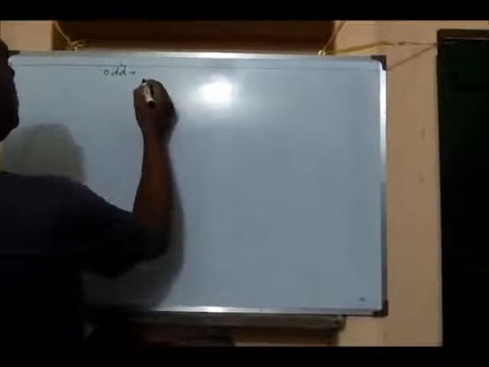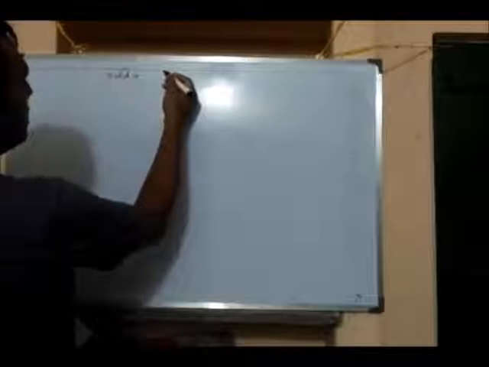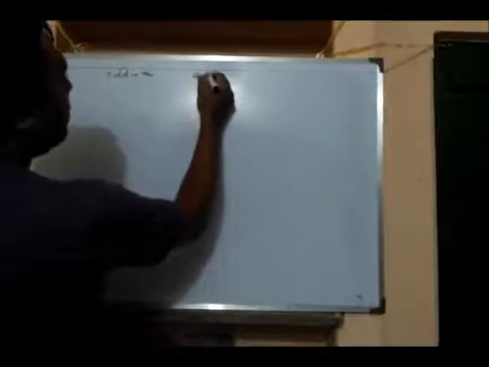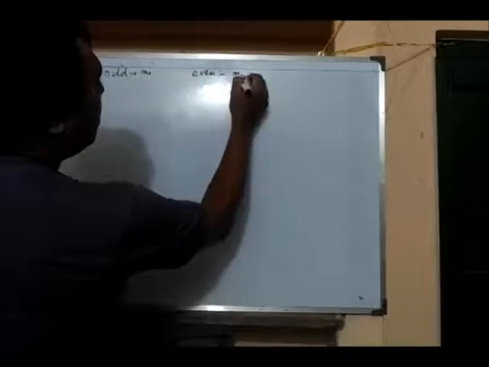So if you have two atoms in the lattice, and you consider that the odd lattice points have mass M1, and the even lattice points have mass M2.